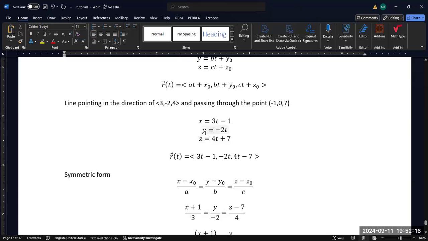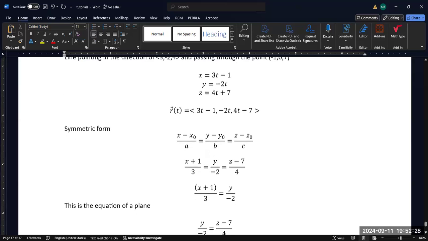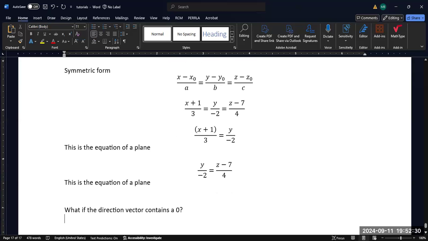You would just have a 0 as one of your coefficients for t, and so your equation for at least one of the variables would just be a constant. When you have a symmetric form, though, you can't divide by 0, so you actually end up not being able to use it. What you end up having to do is some combination of the symmetric form, which two of them will represent a plane, and then a second equation, which is that constant expression.